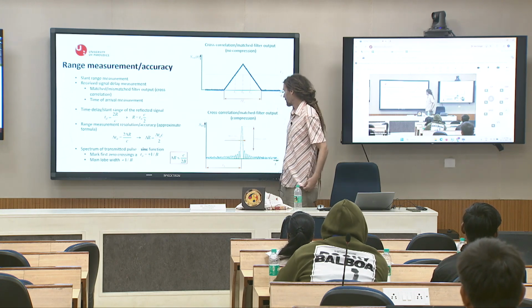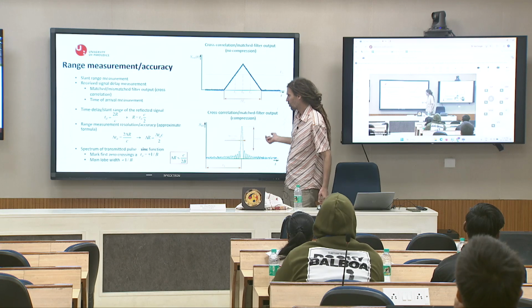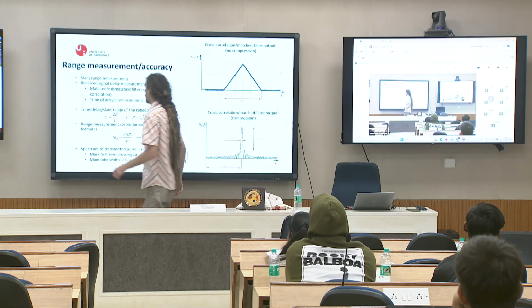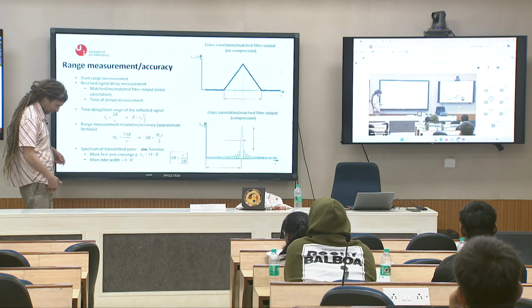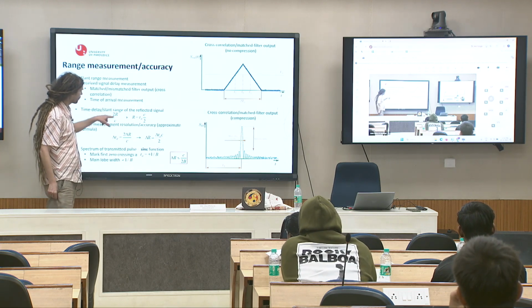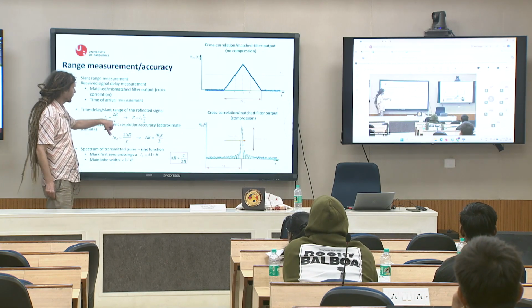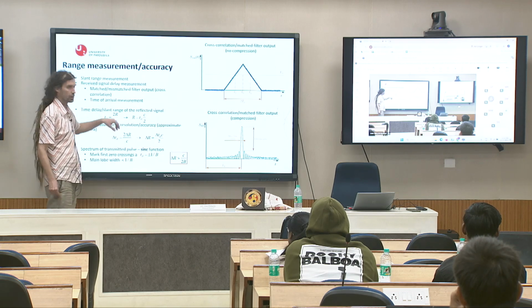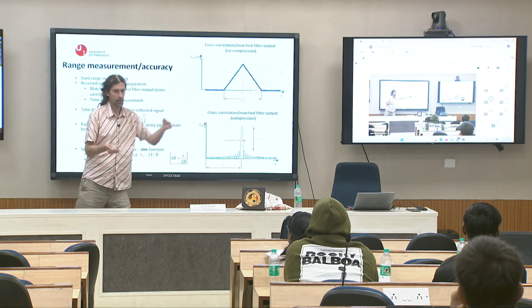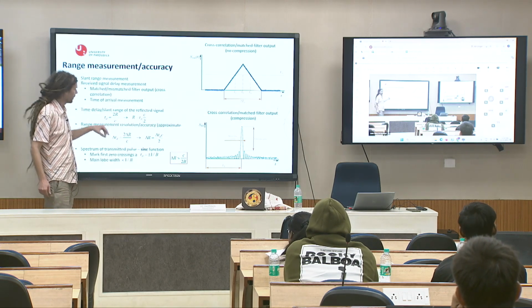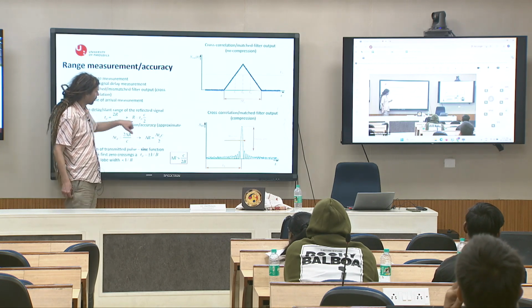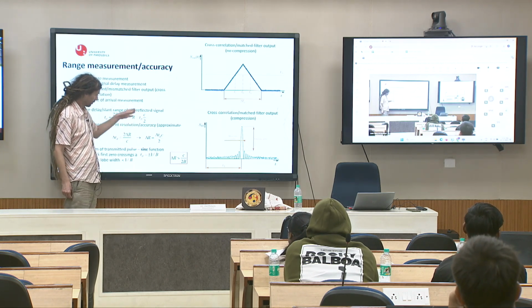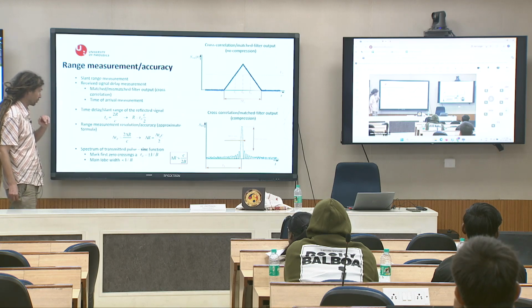So it is main lobe, side lobe, and now how do we compute this time delay. Time delay is of course 2R divided by c, the speed of light, why 2, because one way and second way, so it is clear. Slant range is computed as my delay multiplied by c divided by 2.